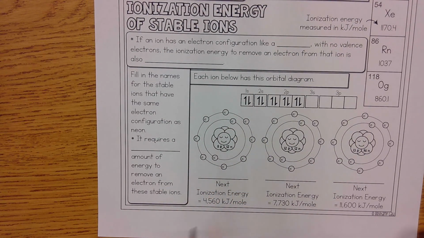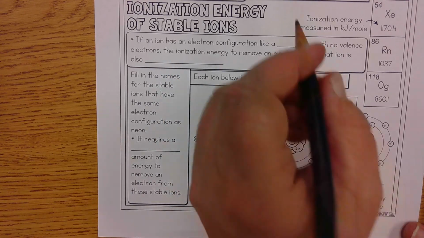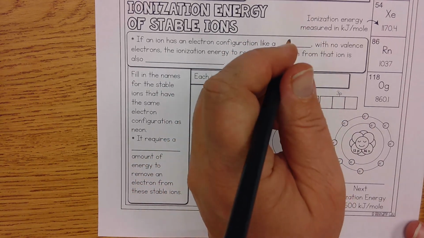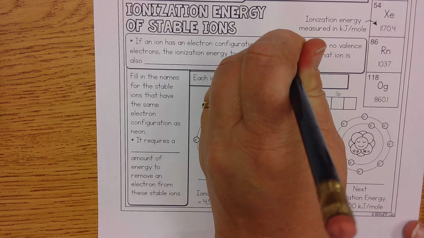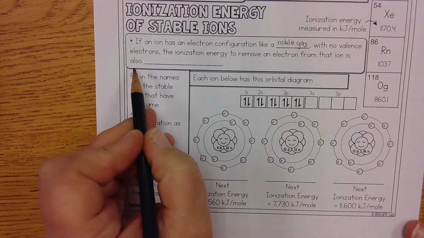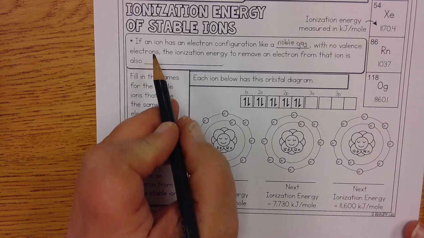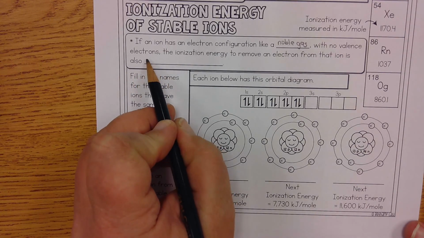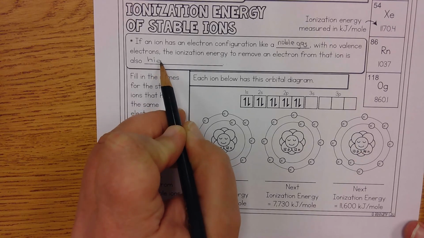So, just like at the very end of the last video when we talked about those big jumps, if an ion has an electron configuration like a noble gas, that last column, with no valence electrons, the ionization energy from that ion is also very high.